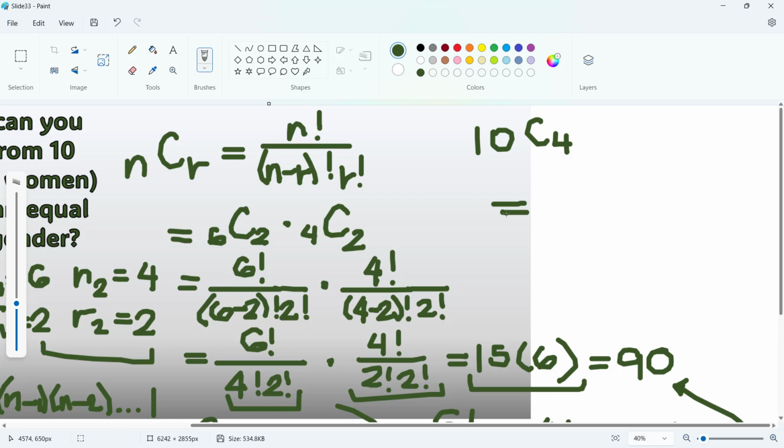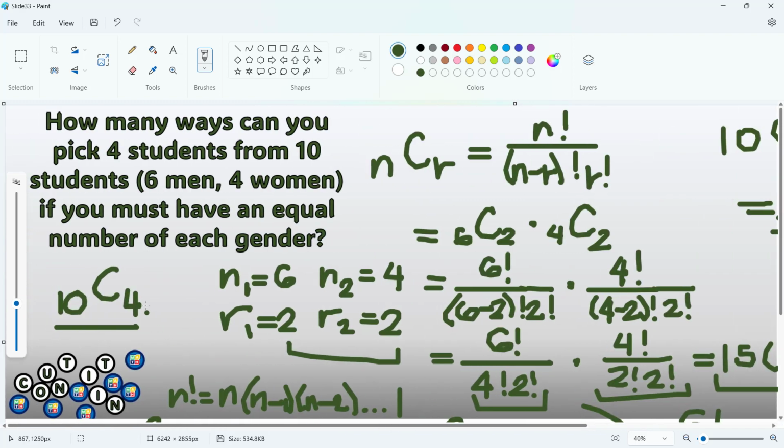So 10 taken 4 is 210 combinations. This is a lot bigger than this one here, because in this 210 combinations, it allows us to include, as mentioned, all 4 male combinations, or all 4 women combinations, or 1 and 3, but not of equal gender.